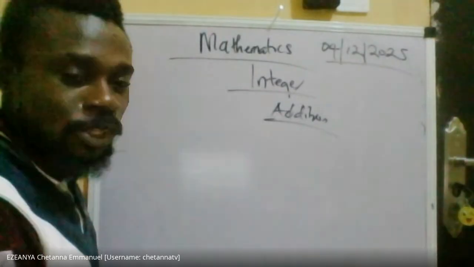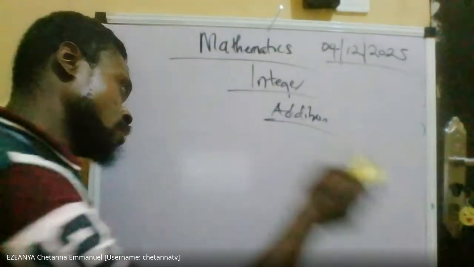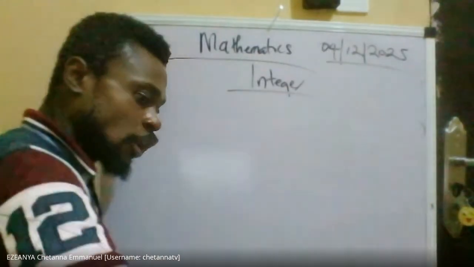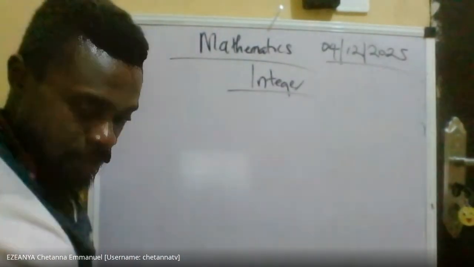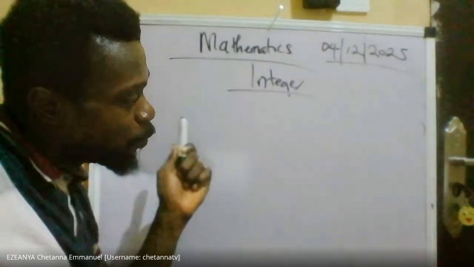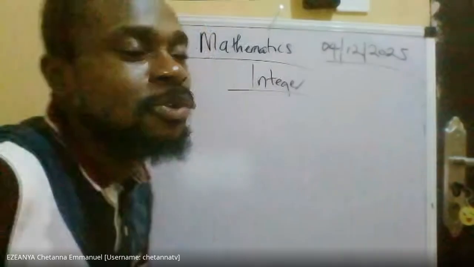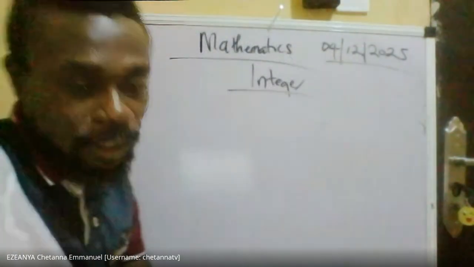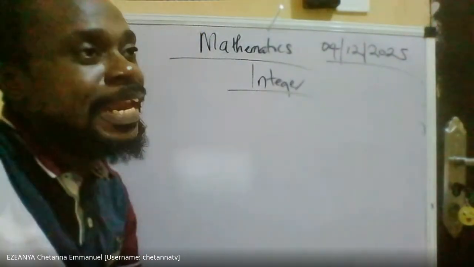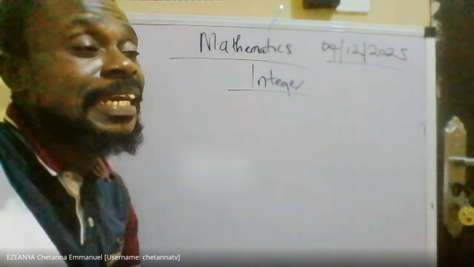But there is something I want to point out in division before we move on. Sometimes you may see a question that wants to test your knowledge of division. They will want to test if a particular number can divide a particular number.